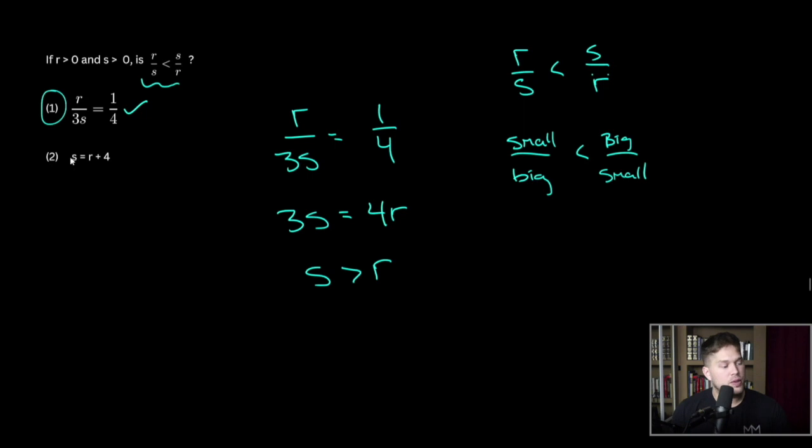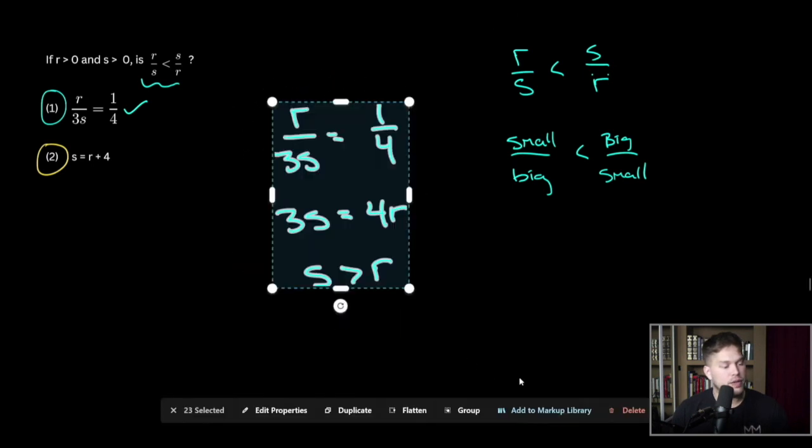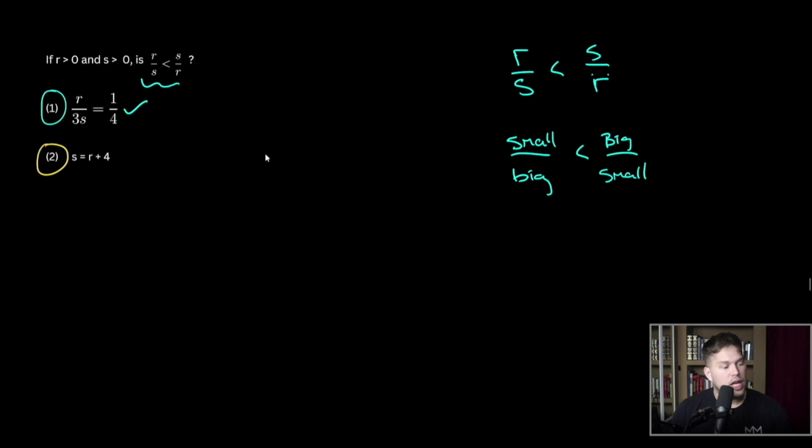What about statement 2? Statement 2 says s equals r plus 4. So let's clean this up just a tiny bit. If s is equal to r plus 4, then we can plug in r plus 4 for s, and we would be left with r over r plus 4 is less than r plus 4 over r.